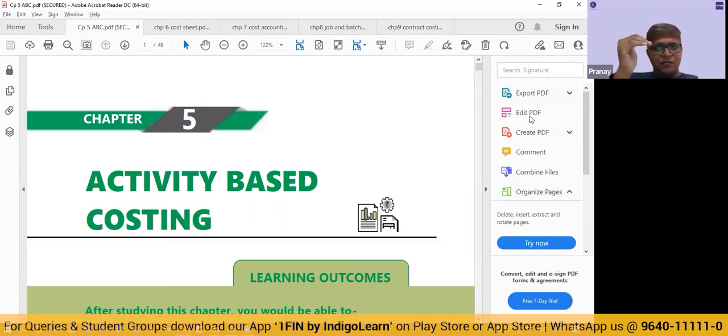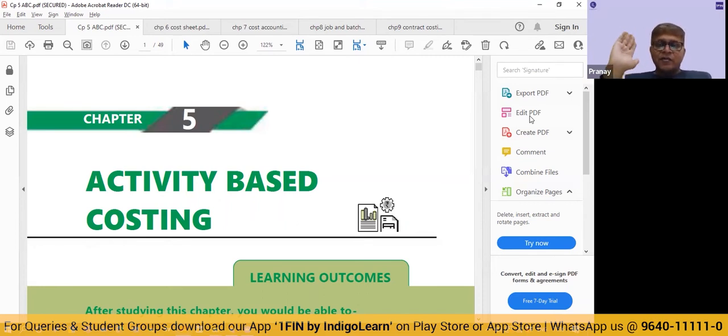So we will identify the activities, step 1. We will identify the activity cost pool, how much expenditure we are incurring for each activity. Then third, we will identify what is driving the activity cost for each important activity that we have identified. What is the activity cost driver?